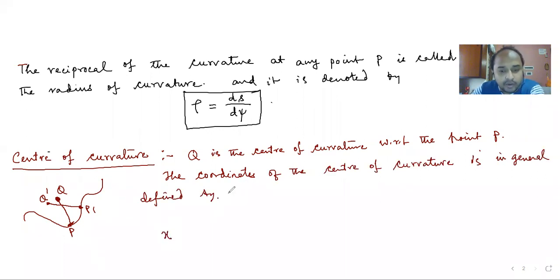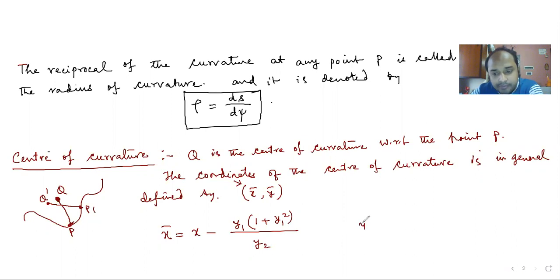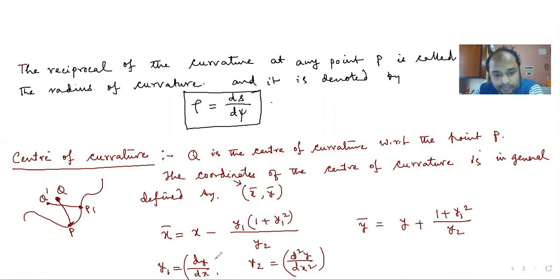If I denote the coordinates by x bar, y bar, then x bar is x minus y1 (1 plus y1 square) by y2, and y bar is y plus (1 plus y1 square) by y2, where y1 is dy/dx and y2 is d2y/dx2. This is the formula for finding center of curvature.